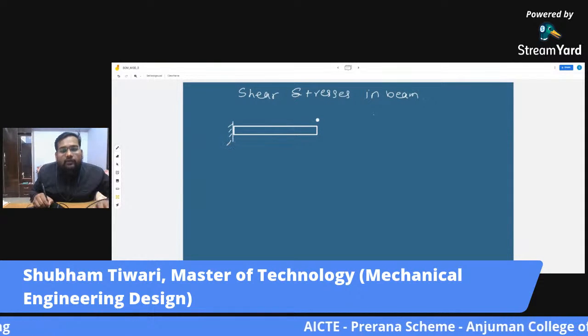Okay, this cantilever beam is subjected to a force P.